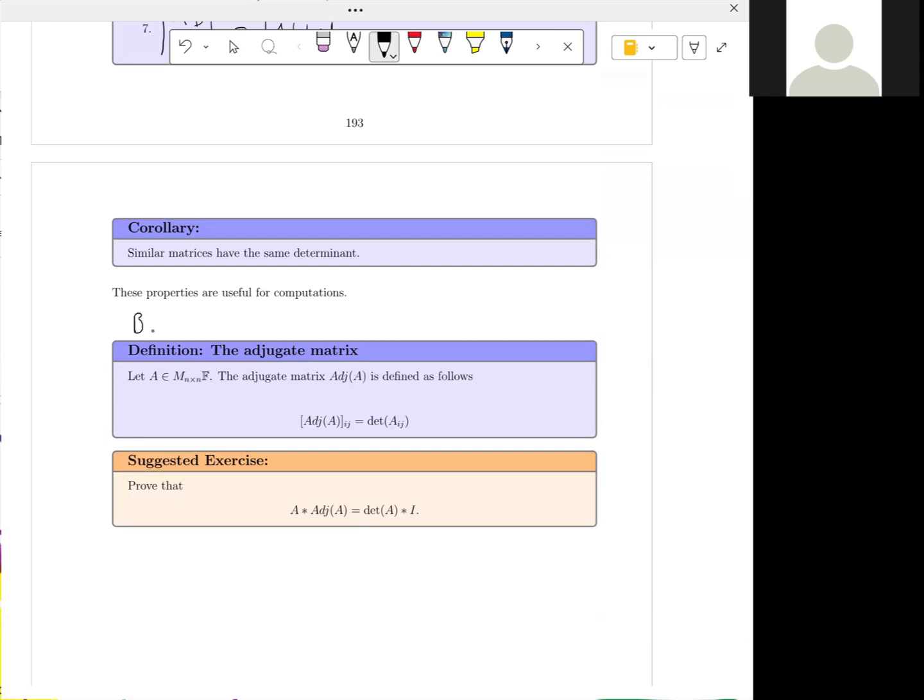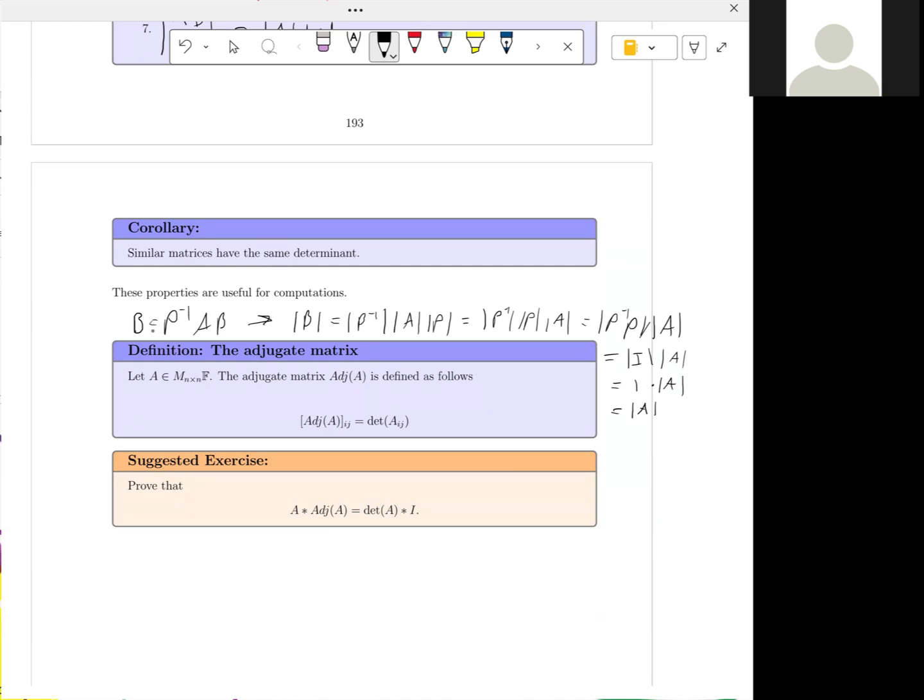So B equals P inverse AP, which implies that the determinant of B equals the determinant of P inverse times the determinant of A times the determinant of P, which equals the determinant of P inverse times the determinant of P times the determinant of A, which equals the determinant of P inverse P times the determinant of A, which equals the determinant of I times the determinant of A, which equals 1 times the determinant of A, which equals the determinant of A. So similar matrices have the same determinant.